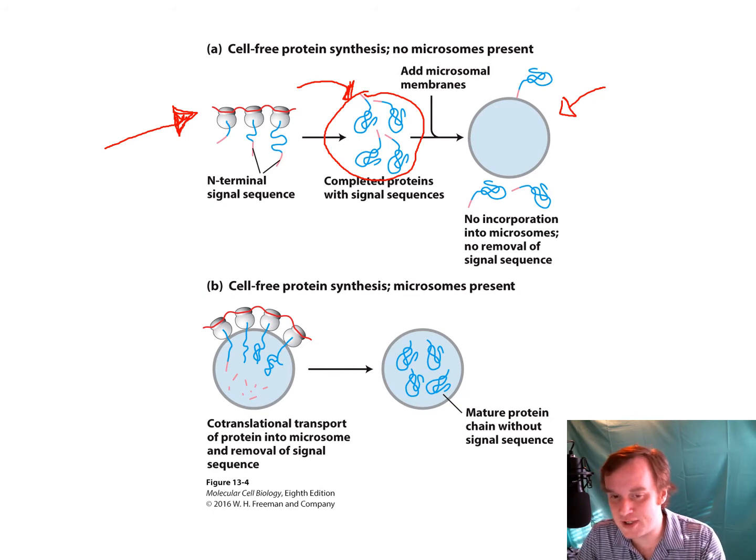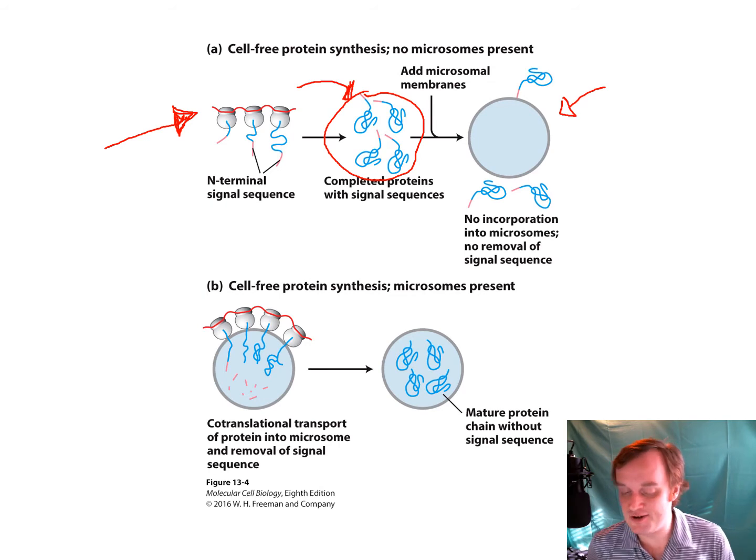A microsome is a small version of the ER membrane. You can get these by breaking up the ER membrane, and we talked about how these phospholipid bilayers naturally form these encased bubbles, so that's essentially what it is.